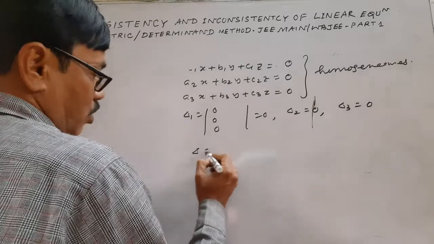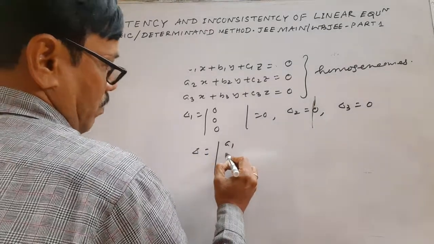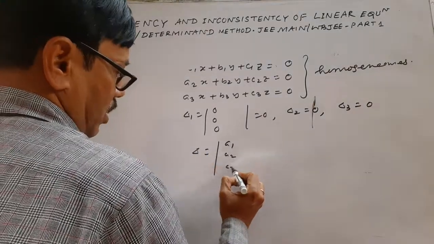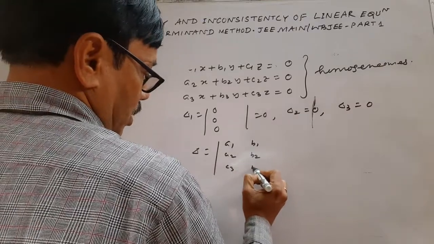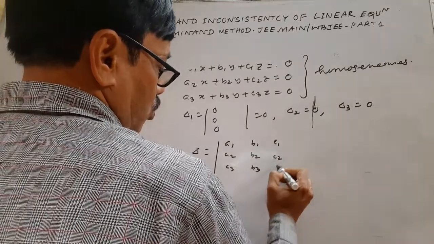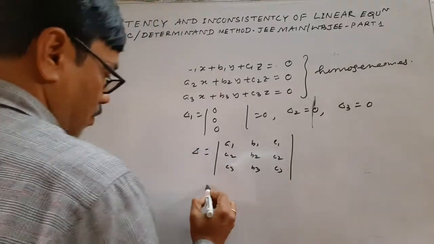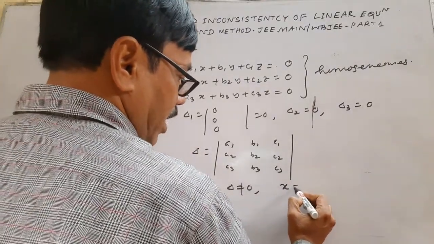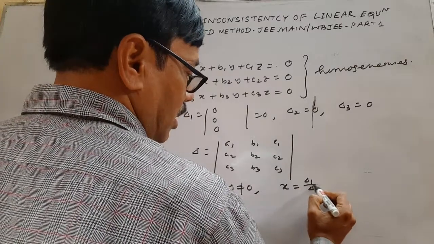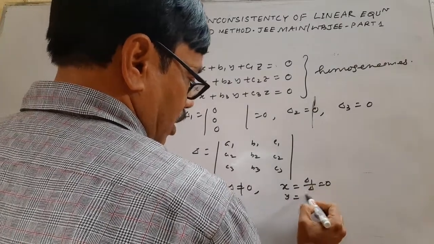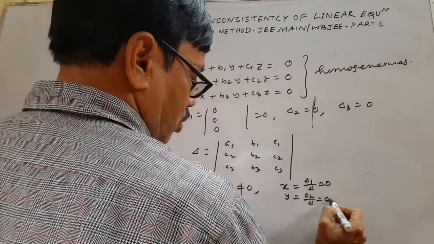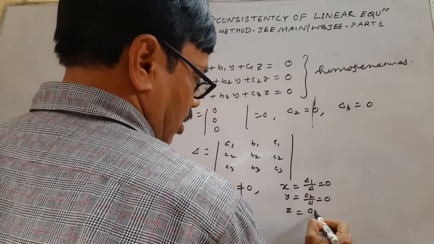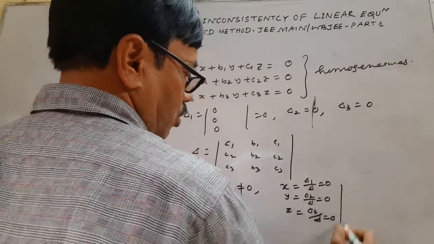If delta equals the determinant of the coefficient matrix A1, A2, A3, B1, B2, B3, C1, C2, C3, and delta not equal to 0, then by Cramer's rule, x equals delta 1 by delta equals 0, delta 2 by delta equals 0, delta 3 by delta equals 0.